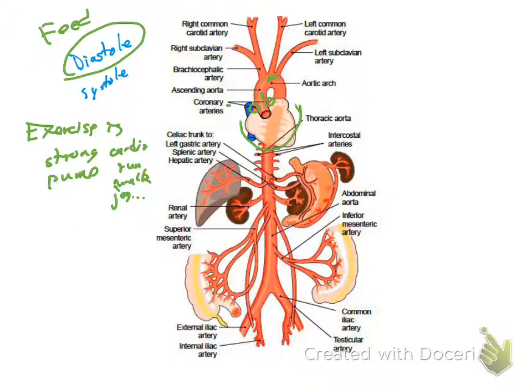Okay, now let's move on. Now we have the coronary arteries. Basically it's at the root of the aorta, then we have the ascending aorta, then we come back again to the arc of the aorta. The arc of the aorta has 3 big branches. One is called the brachiocephalic artery, which is this one here, and this one is going to split in 2. One is the right subclavian artery, and the other is the right common carotid artery.